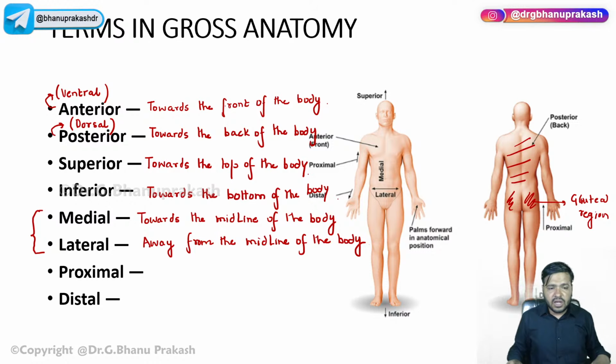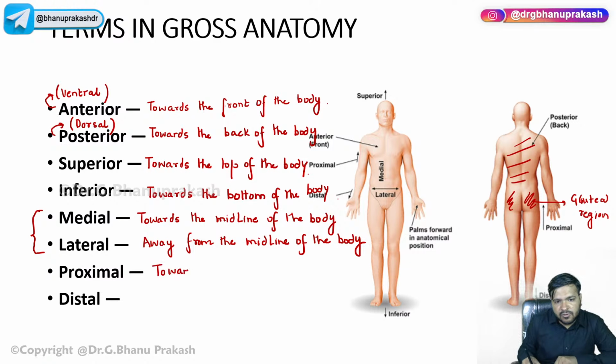Very good, guys. Now coming on to the next term, that is the proximal and distal. Proximal basically means towards the center of the body, and distal means away from the center of the body.